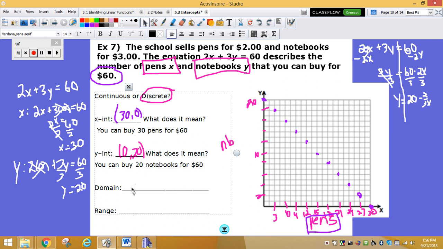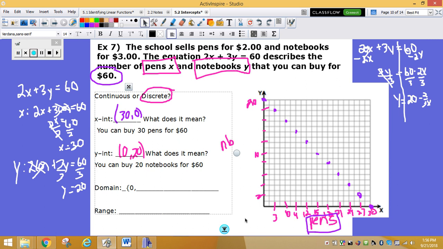Okay, let's talk domain. Well, it's not continuous, so I'm not going to write it like I wrote my other one. I'm going to write the set of numbers. Could you buy negative notebooks? No, you cannot. Can you buy 0 notebooks? Sure can. According to this problem, I do realize technically you could buy 1 notebook, but I wouldn't count it wrong if you put 0, 1, 2, 3, 4, 5, 6, 7, 8, all the way up to 30.